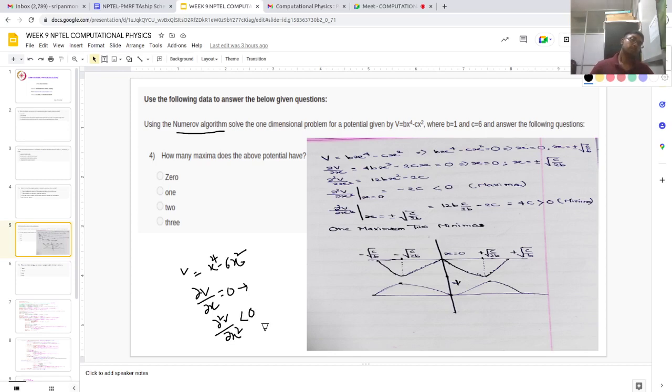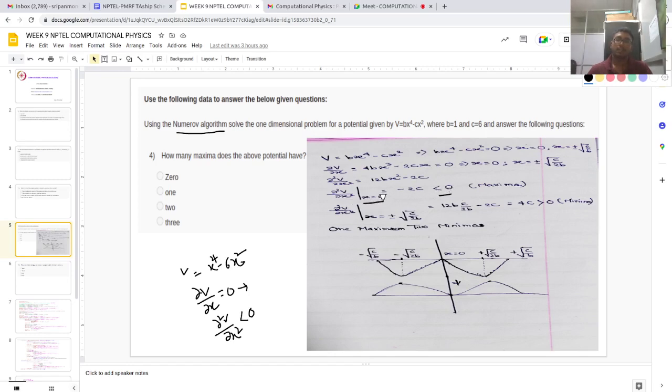Okay, so what I did here, is this page visible correctly? No, it is visible. You have just plotted and calculated the maximum and minimum of this function. Yes. So for x equals 0, the second derivative will be less than 0, right?